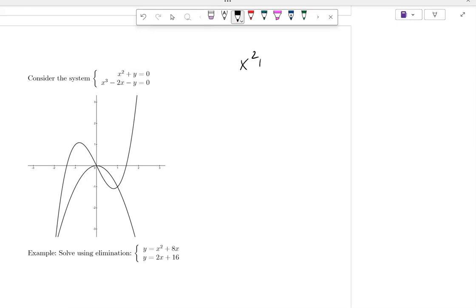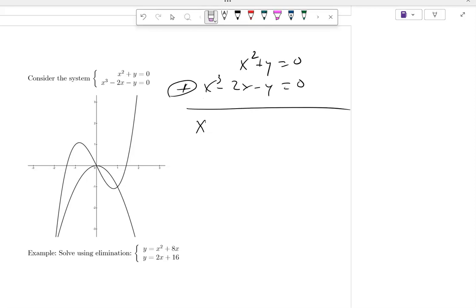So if you take your x squared plus y equals 0 and your x cubed minus 2x minus y equals 0 and add, what do we end up with when we add? You got an x cubed, got a minus 2x there and a plus x squared there, don't I?